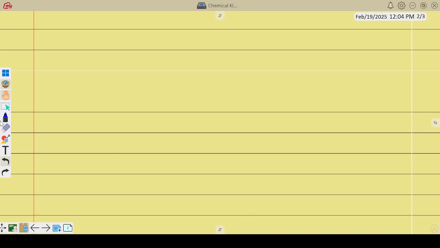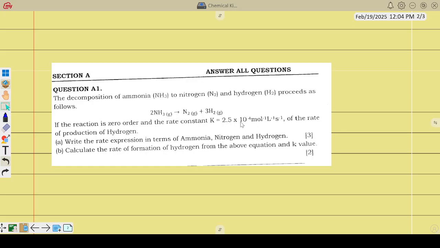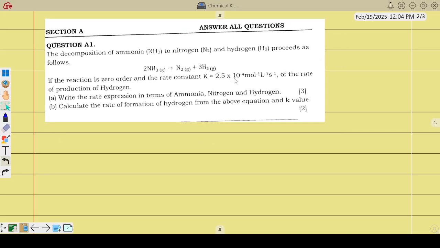Yeah, so I only had this question. It was a zero order reaction, but it doesn't have the applications of what we've talked about. So this is more applied in the rate expression.